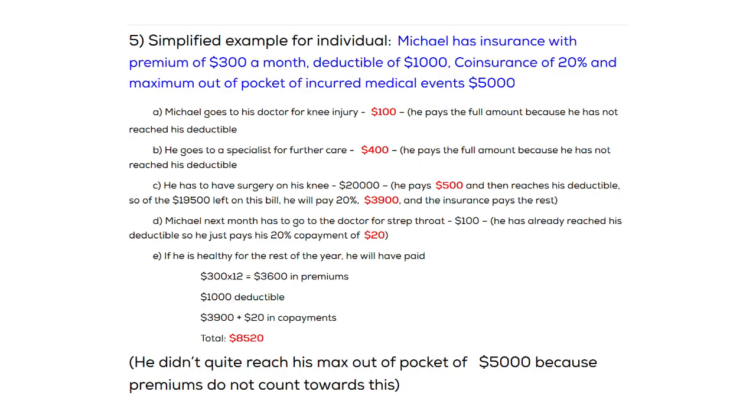Now notice that he didn't quite reach his $5,000 out of pocket because the premiums do not count in that. This stuff right here would count as his max out of pocket, which is $4,920. So really close to the $5,000. If he would have had any more medical expenses, he would have been okay the rest of the year because he'd almost reached that max out of pocket.